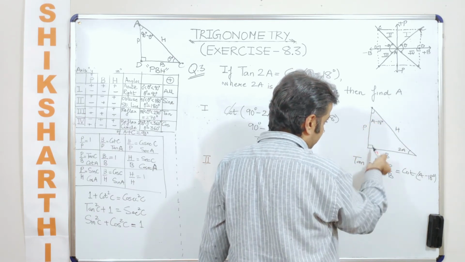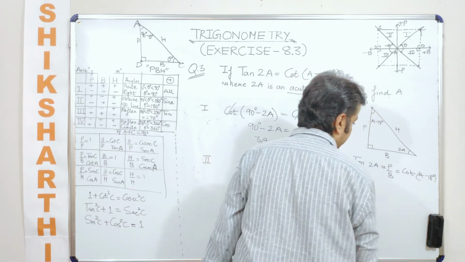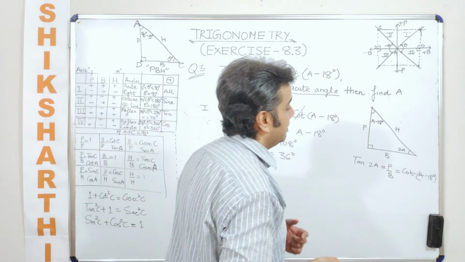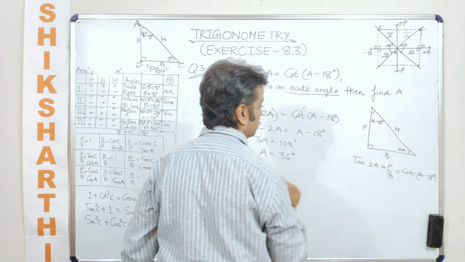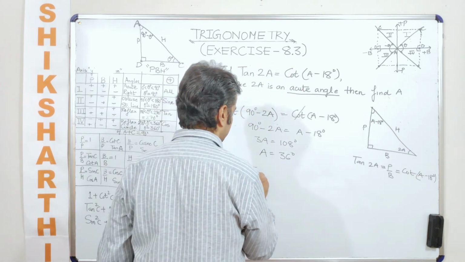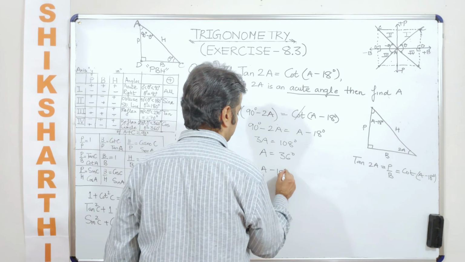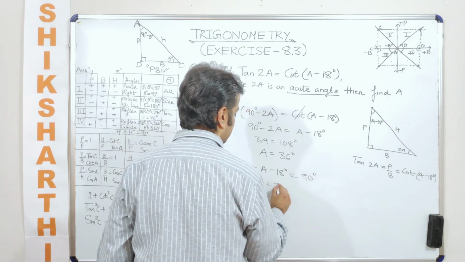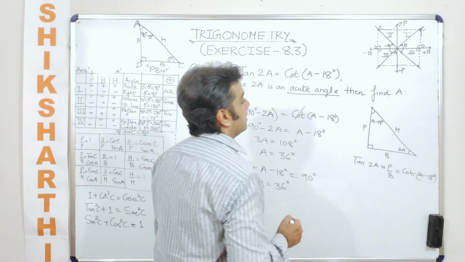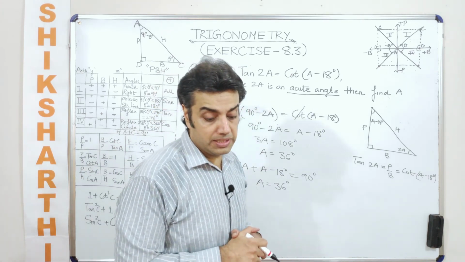Base upon perpendicular. So this is correct. So the point that I'm trying to make here is, now can I say that the sum of these two angles should be equal to 90 degrees? And you get the same answer. Right? I hope this is clear.